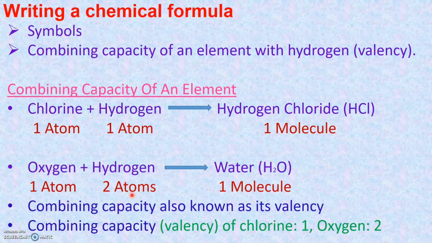This is because oxygen has 2 times the combining capacity of that of chlorine, which means oxygen can combine with 2 atoms of hydrogen, while chlorine can combine with only 1 atom of hydrogen. Therefore, we say that the combining capacity, or otherwise the valency of chlorine, is 1, while the valency of oxygen is 2.